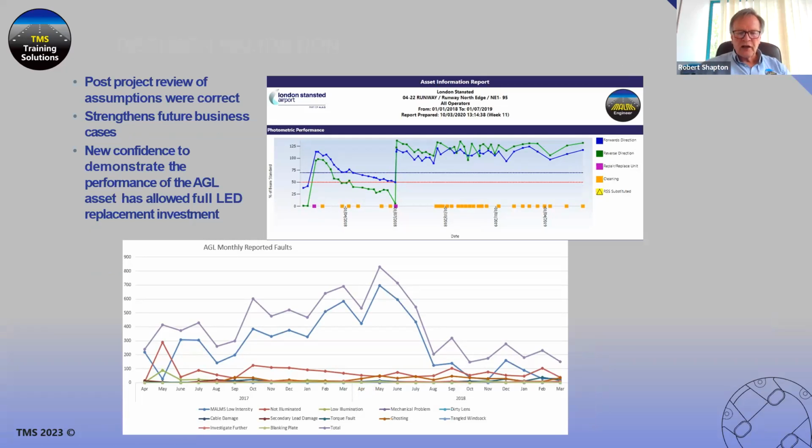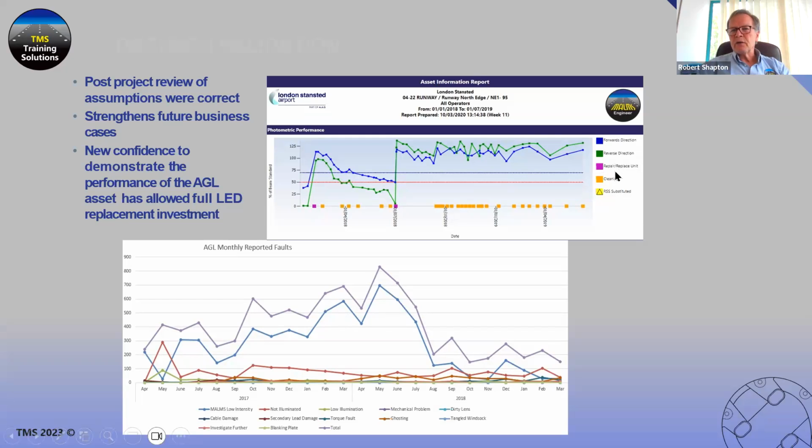And so, as you can see in their analysis here at a very high level, the lights, instead of hovering around a compliant level and having to be fixed regularly, they jumped up in performance to over 125%, and they're able to maintain that and have continued to do so for a sustained period.